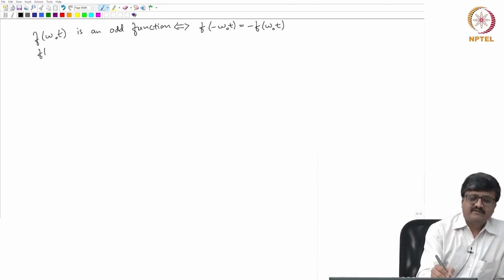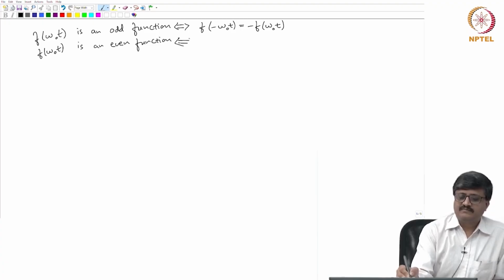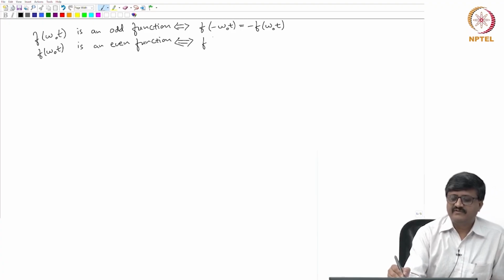Similarly, there is one more type of symmetry, f of omega o t is an even function. The definition is f of minus omega o t is equal to f of omega o t.